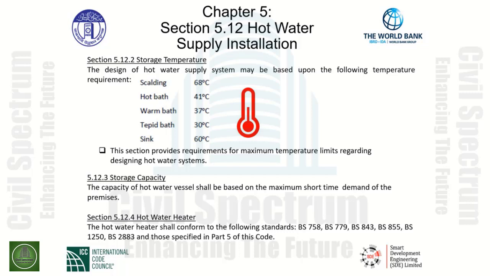This is very specific for the hot water heater. Standards must be followed. Manufacturing standards, testing standards, to verify that the hot water heater utilized as an appliance has been tested and is safe for the installation.